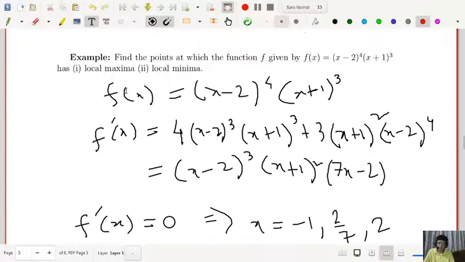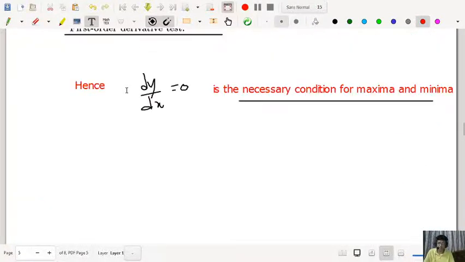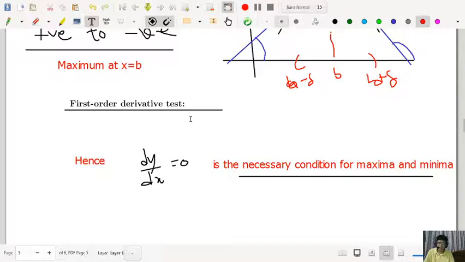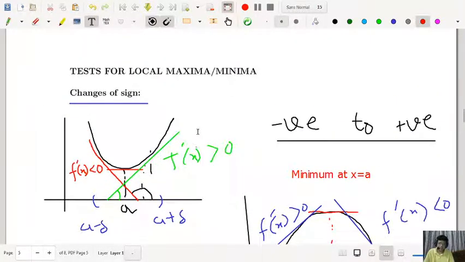So this is the use of the first order derivative test and the change of sign. Clear?